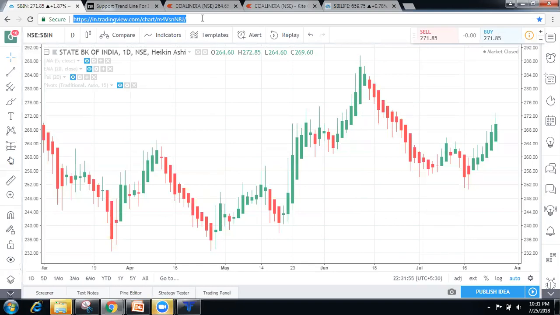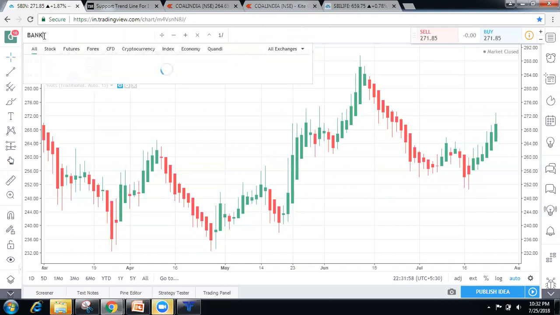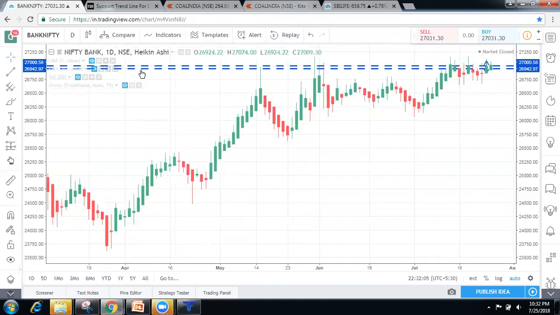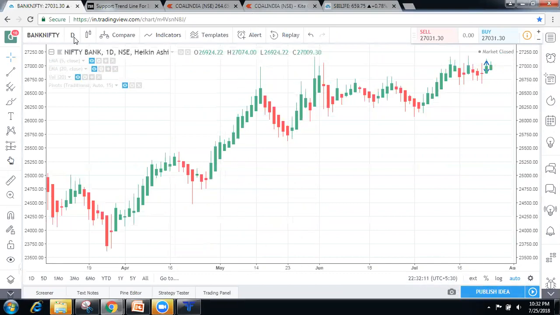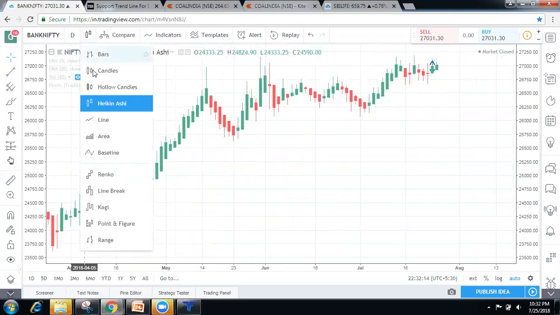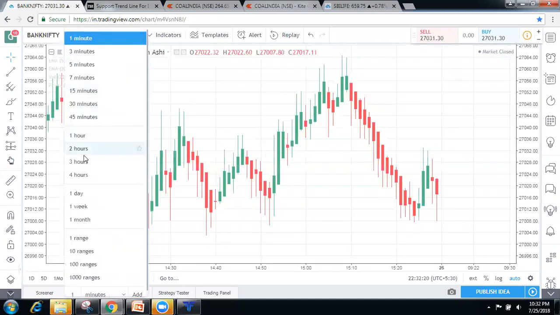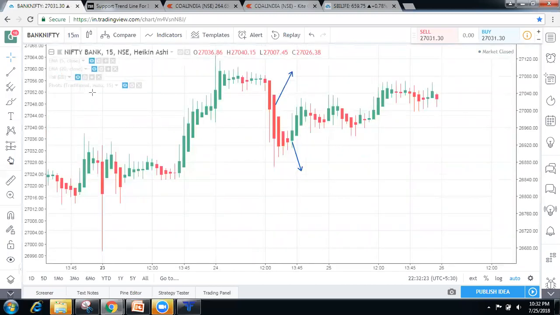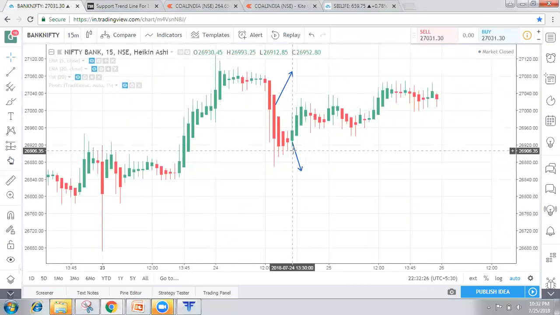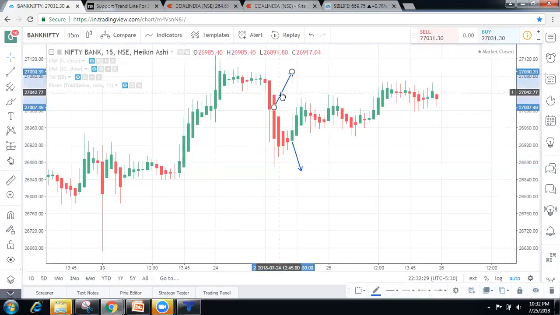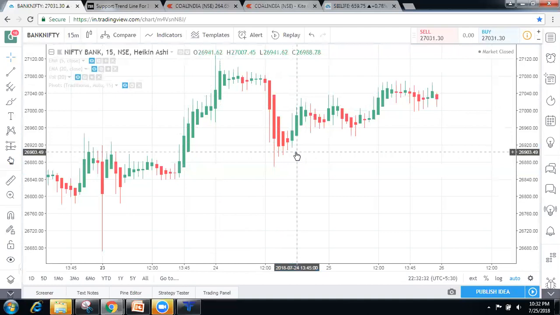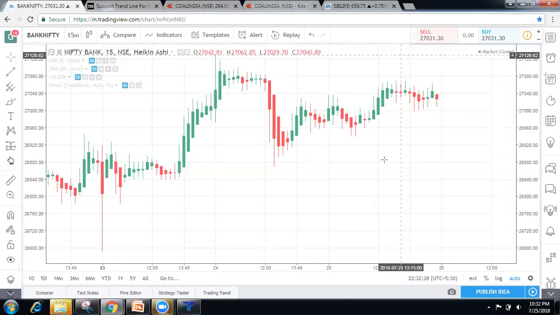I checked Bank Nifty in 15 minutes. Let's check the Bank Nifty. What I told in the first or second session, that the 15 minutes chart is only for intraday, not for the next day.